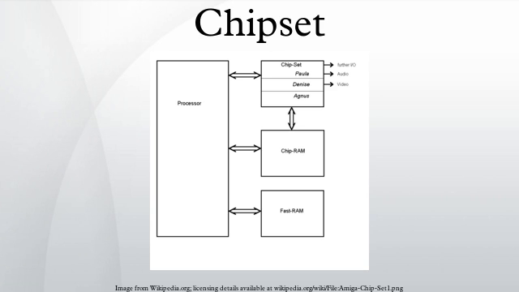The South Bridge traditionally handles everything else, generally lower-speed peripherals and board functions such as USB, parallel and serial communications. The connection between the North Bridge and South Bridge does not have a common name, but is usually a high-speed interconnect proprietary to the chipset vendor.